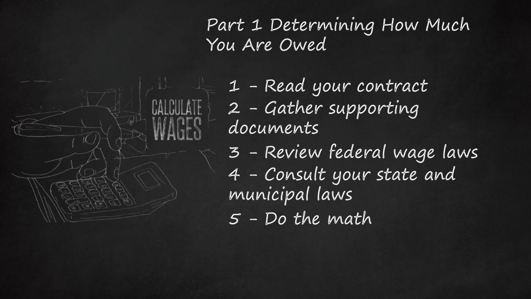$7.25 x 40 equals $290. $7.25 x 1.5 times 2 is equal to $21.75. Thus, you earn $290 plus $21.75, for a total of $311.75.